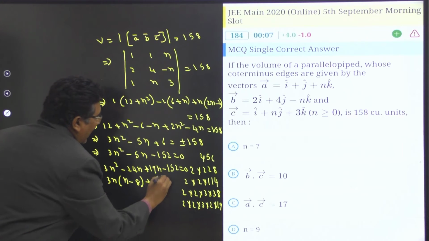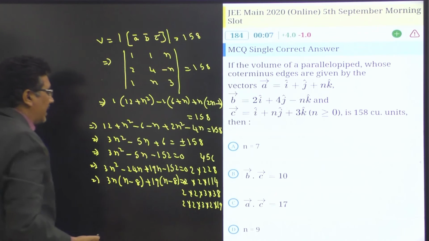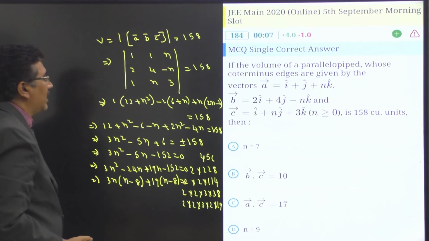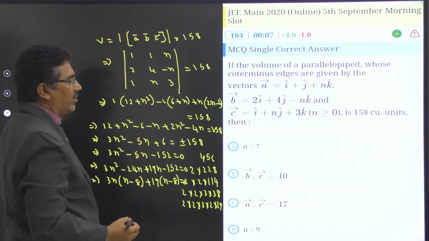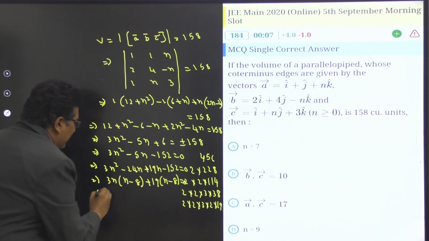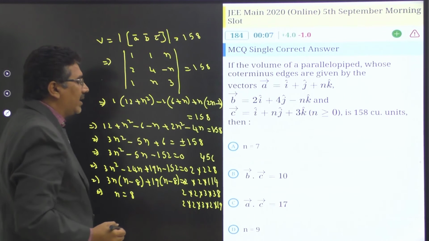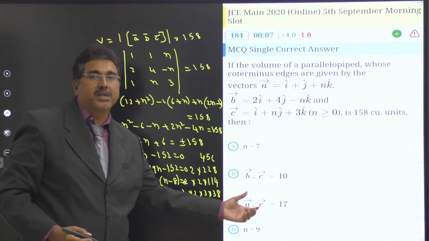Take 19 as common, n minus 8, that is equal to 0. N is always positive, so n is greater than or equal to 0. That implies n is equal to 8. So n equal to 8 does not appear in the options.